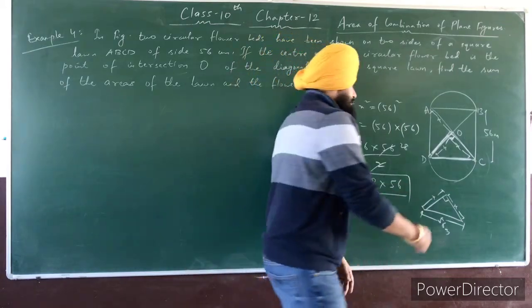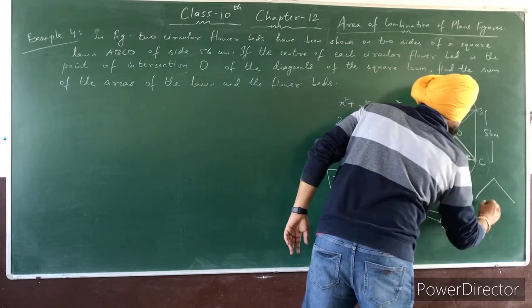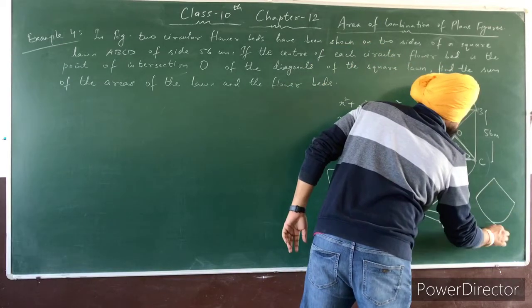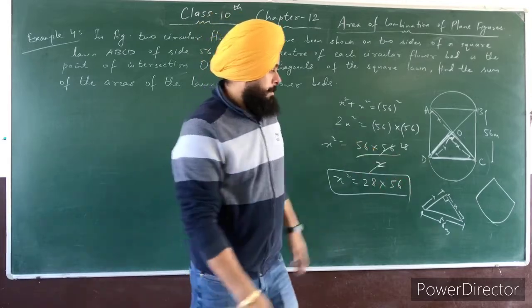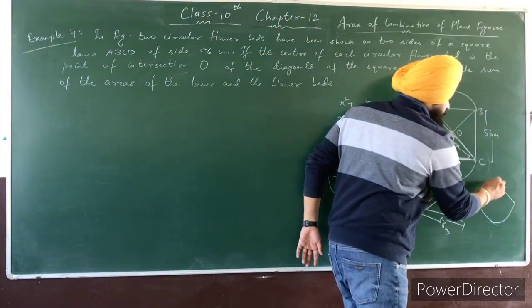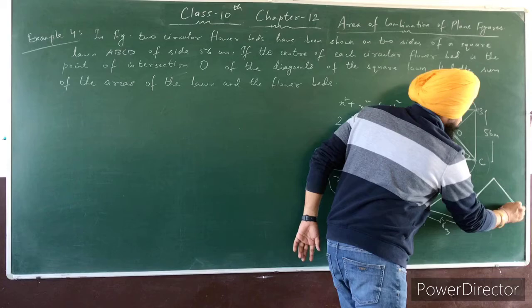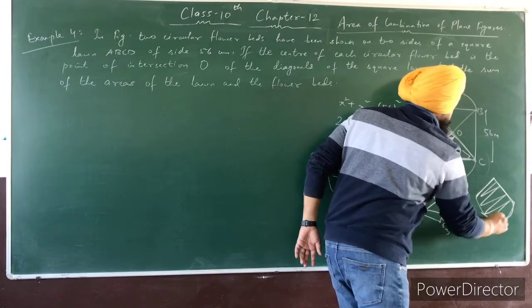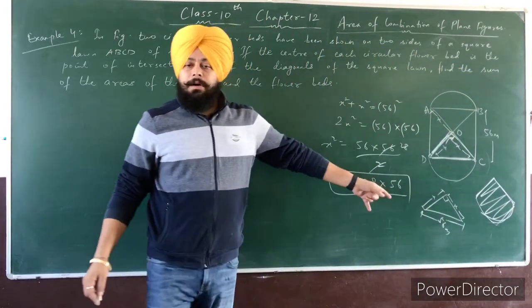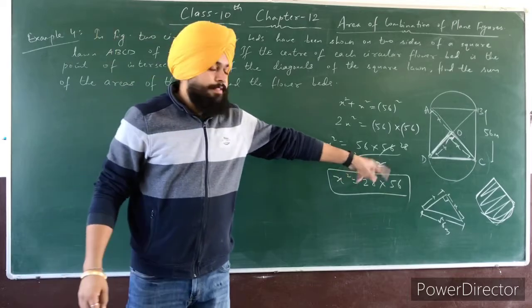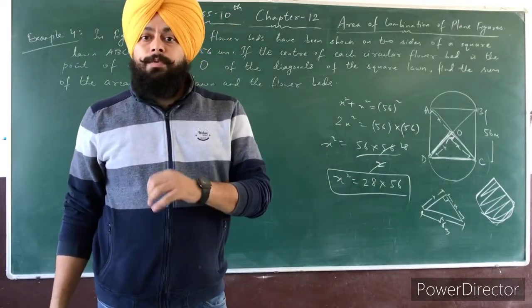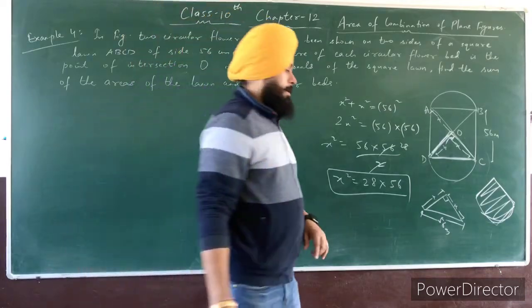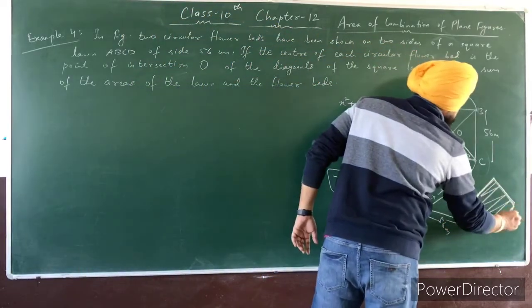So you can see here, this is part of a circle. This is the area enclosed between two radii and the arc. It is the part of a circle that is called a sector, because a sector includes the area between two radii and the arc. So this is two radii and this is the arc.